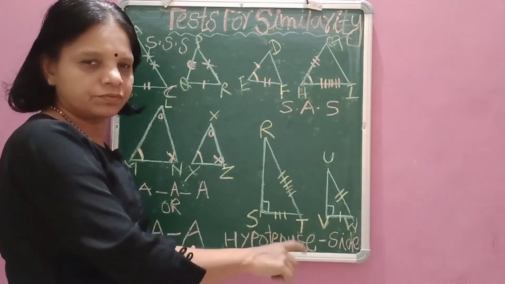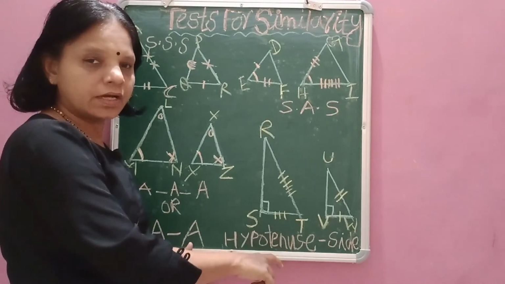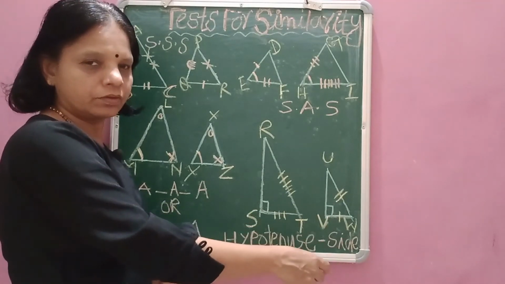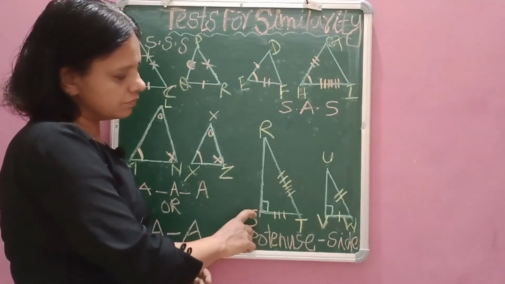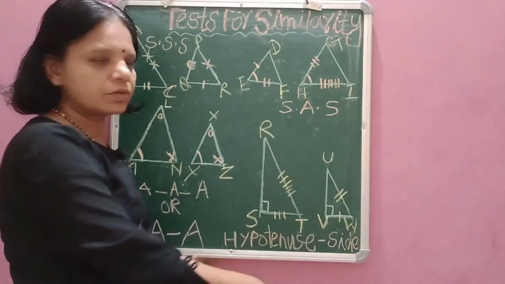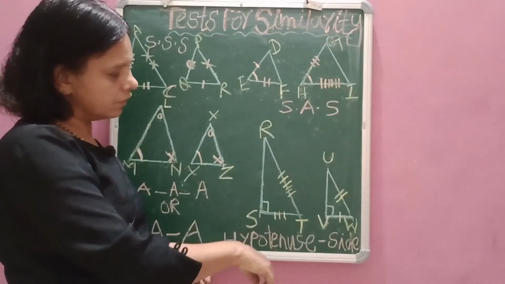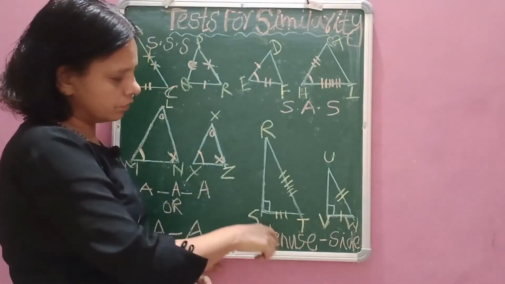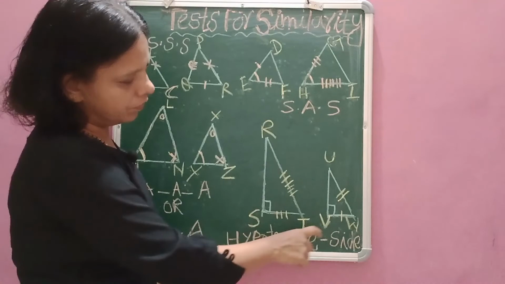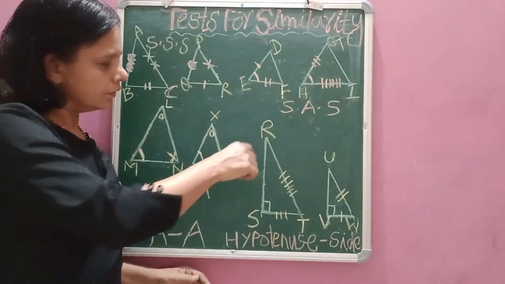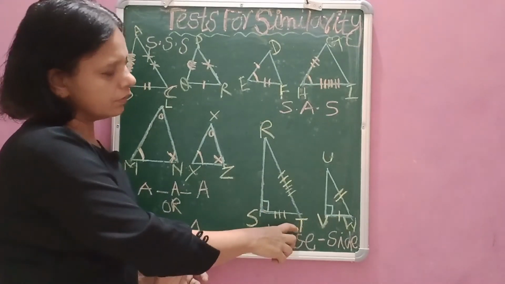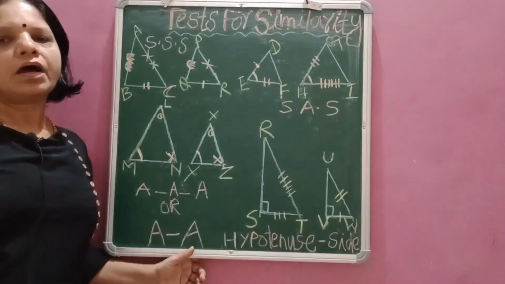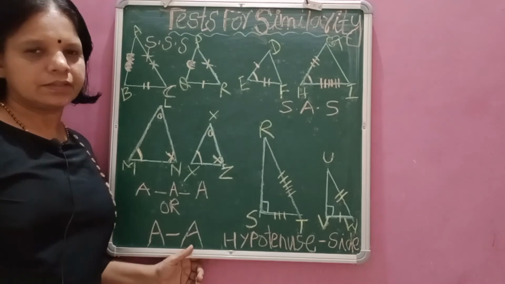That you have to say first. You have to mention which angle is 90 degrees, and from that it is understood which is the hypotenuse. Angle S equal to angle V equal to 90 degrees, and RT upon UW equal to ST upon VW. Then triangle RST is similar to triangle UVW by hypotenuse side test.